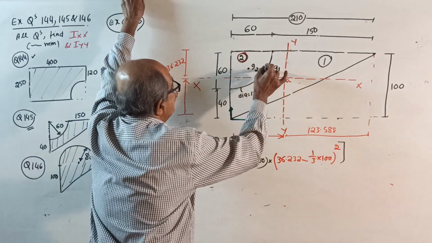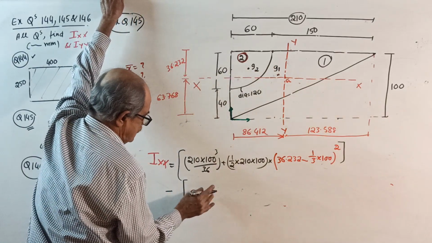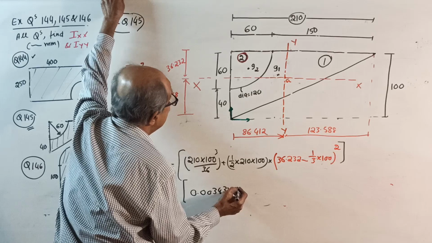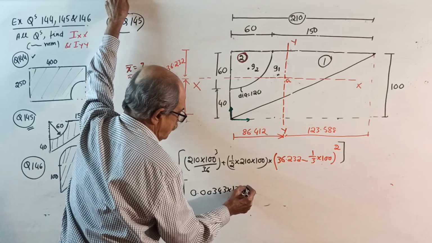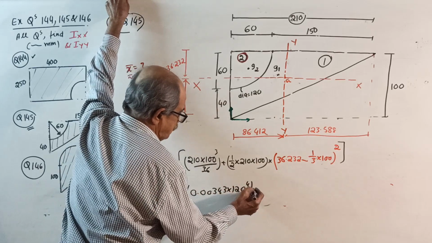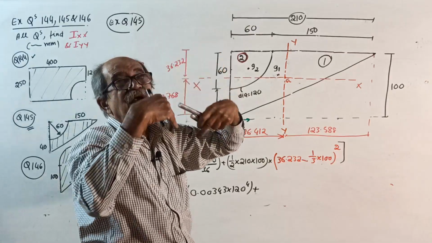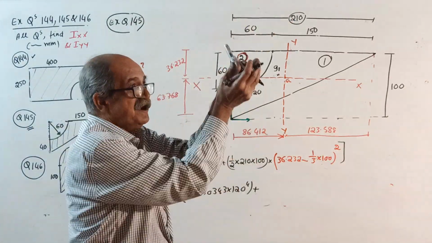I about its own centroidal axis: 0.00343 into 120 power 4. If it's an offline class and someone asks me, sir, how did that number come, I will tell it came from that way. See, from the sky it came. I caught it.